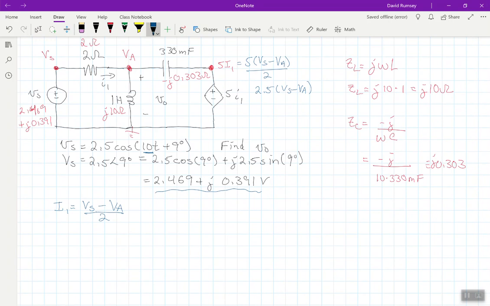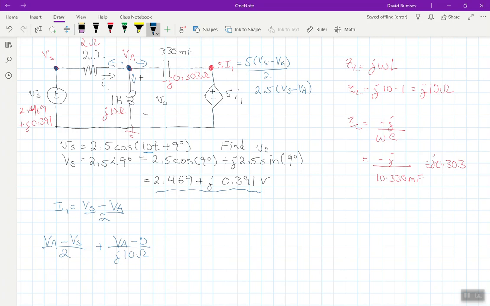I know the voltage here, so there's no point in writing a node equation there. I'm going to write a node equation right here, doing the currents leaving the node, which is the way I always like to do it. The current going to the left would be Va minus Vs over 2. The current going down would be Va minus 0 over j10.